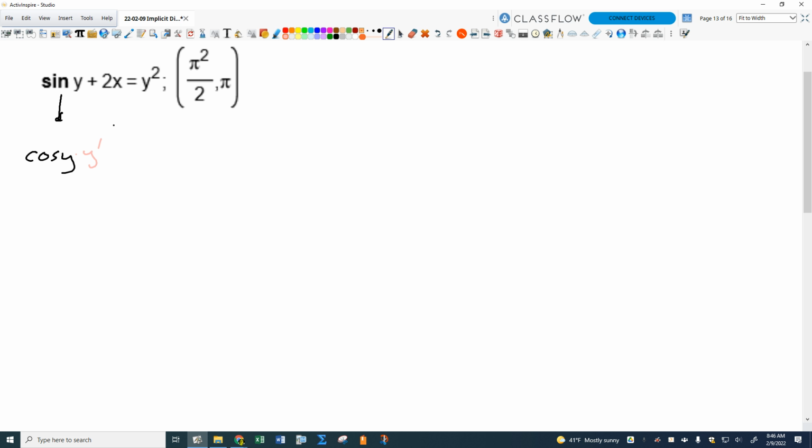There's our y prime. Second term plus 2 equals, how about the third term? There you go, 2y y prime. Actually, it doesn't ever ask us to solve for y prime, does it? It just wants a tangent line.